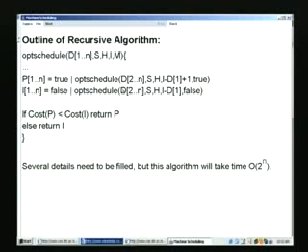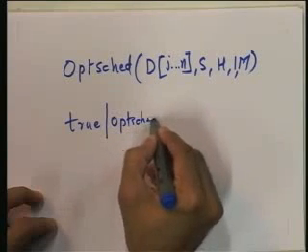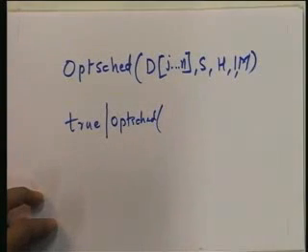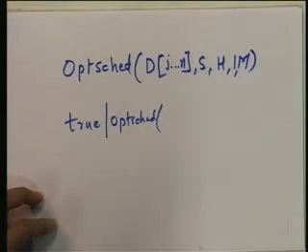Now, one of these two, when d is passed as the entire array, is this, but when only a smaller range is passed, where the first argument is j, what will this be? The first schedule will simply be true concatenated with opt schedule, and this time, instead of passing 2 through n, I should really pass j plus 1 through n, because this was just dropping the first element.